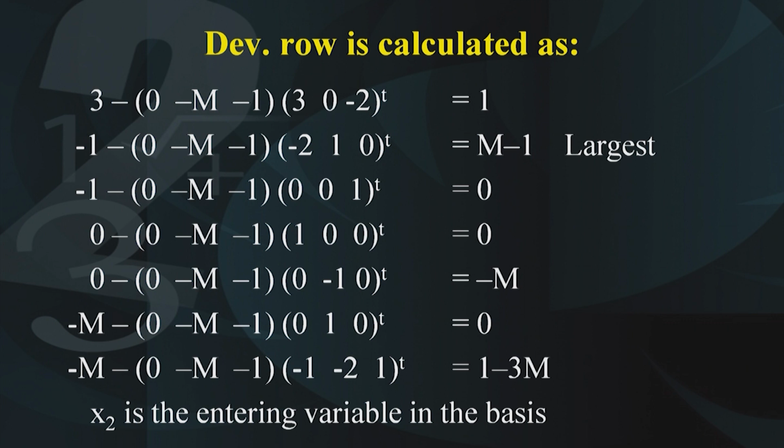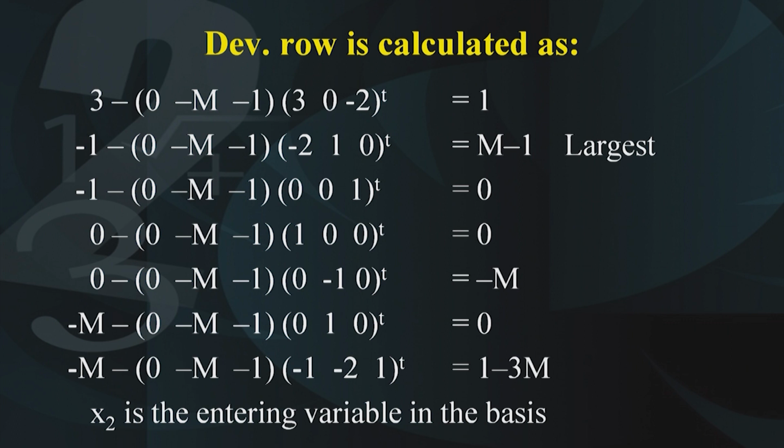Next one is 0 minus 0 minus m minus 1 multiplied by 1 0 0, which again comes to be 0.